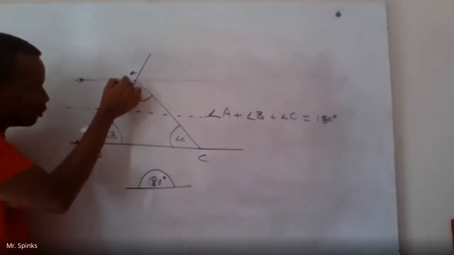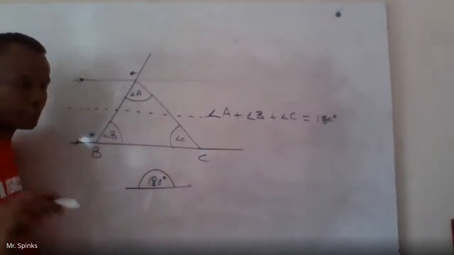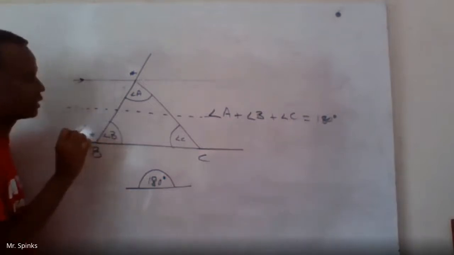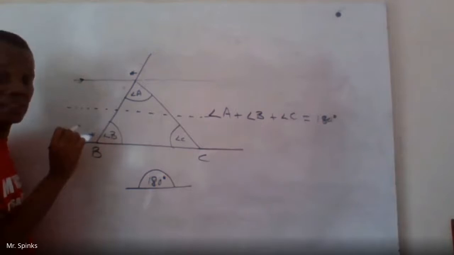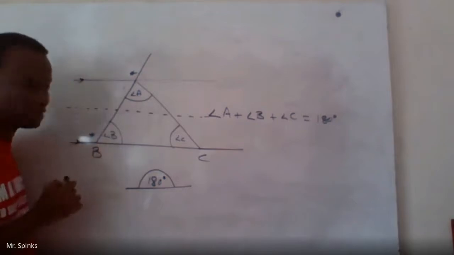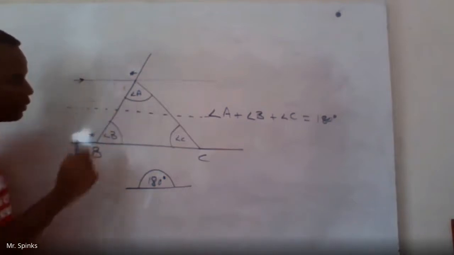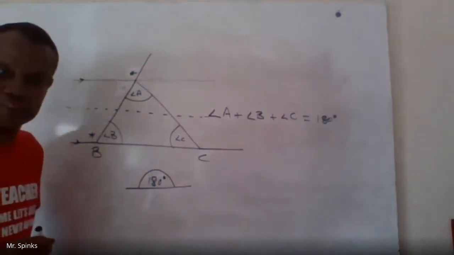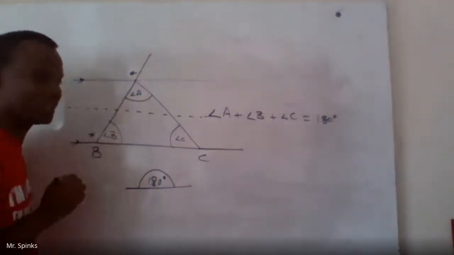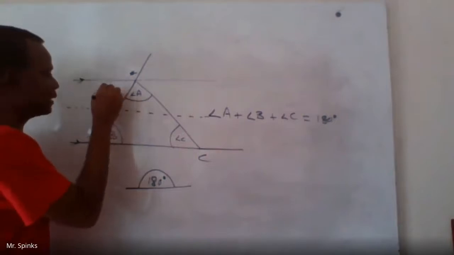And these two must also be 180. So follow the logic. Since this and this together equal 180, and this also equals 180, what can we say about this angle here? You are correct. This angle here must be equal to angle B.